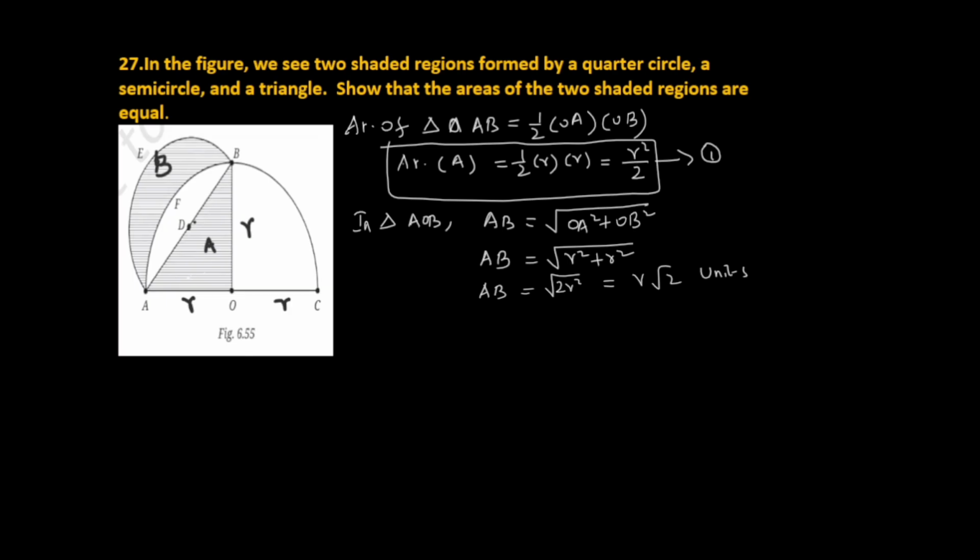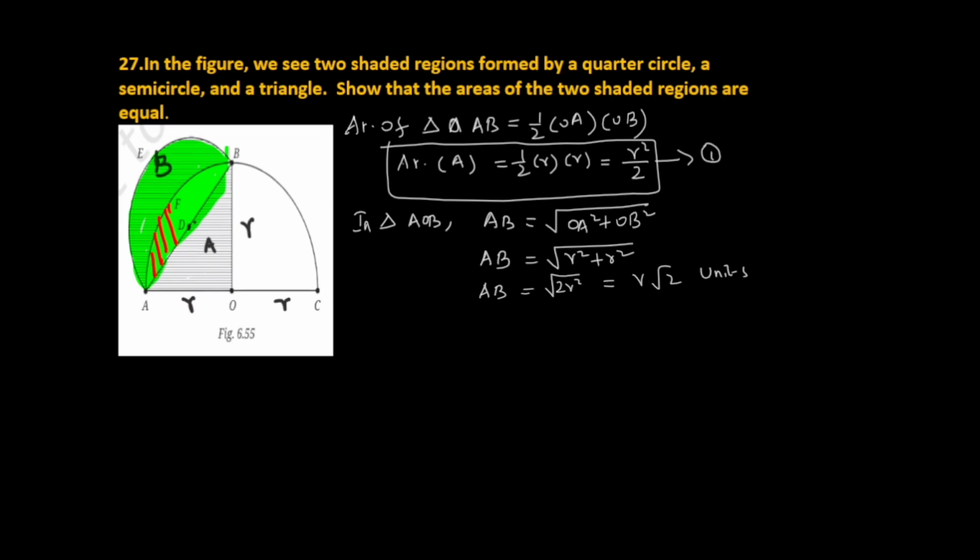Now, based on AB we can see a semicircle. In that semicircle we have the region B. So to find B in this semicircle, we need to remove the segment's area.